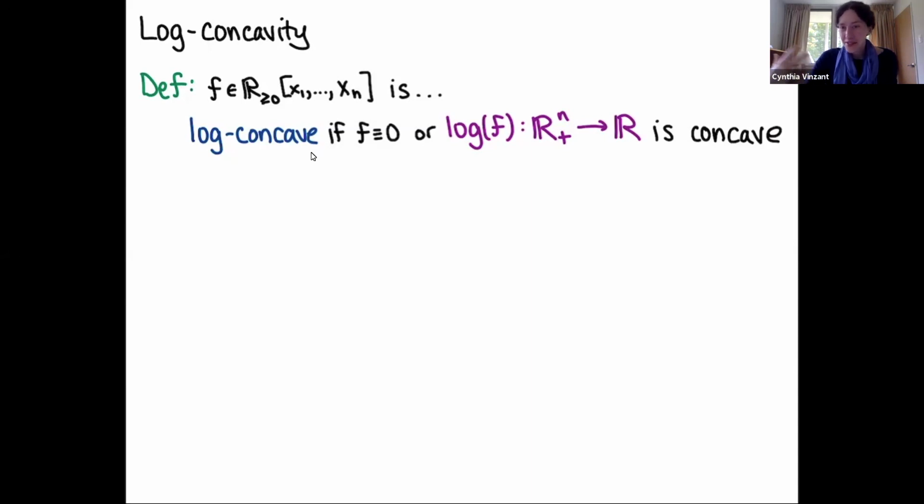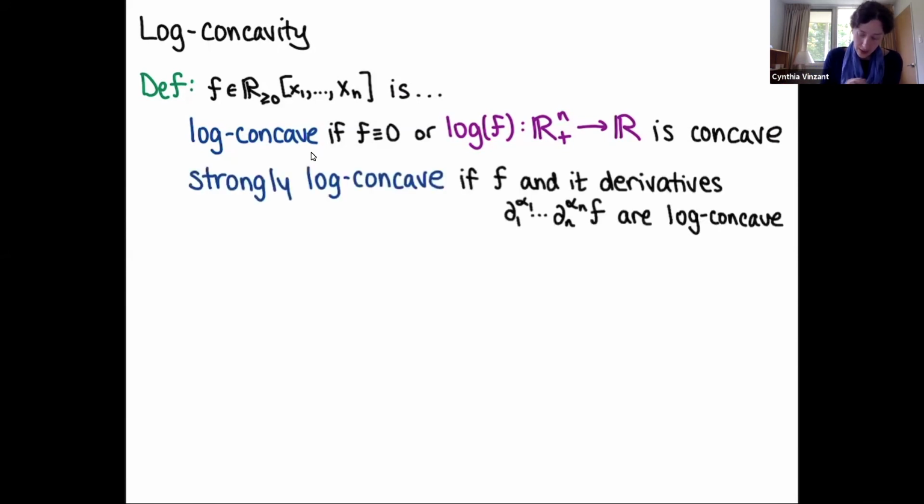And since we might want closure of a class of polynomials with respect to things like derivatives, I'm actually just going to enforce that. So I'm going to say that a polynomial is strongly log concave if both the polynomial and all of its derivatives are log concave.